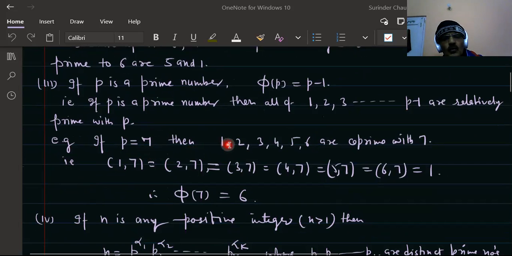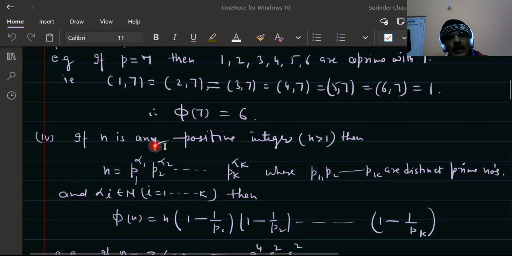So all the numbers less than 7, 1, 2, 3, 4, 5 and 6, are relatively prime to 7. The gcd of 1 and 7 is 1, of 2 and 7 is 1, of 3 and 7 is 1, of 4 and 7 is 1, of 5 and 7 is 1, and of 6 and 7 is 1. So these numbers are relatively prime to 7. Therefore, phi 7 is equal to 6.